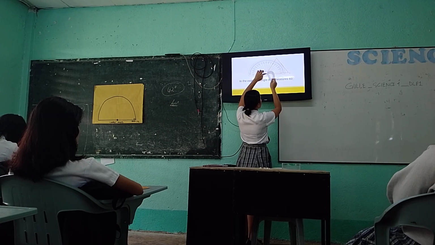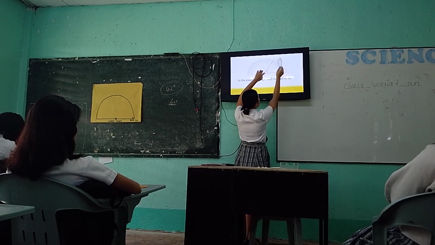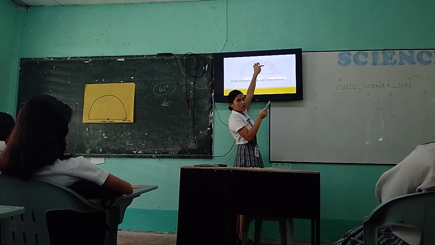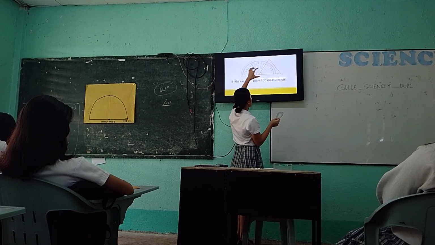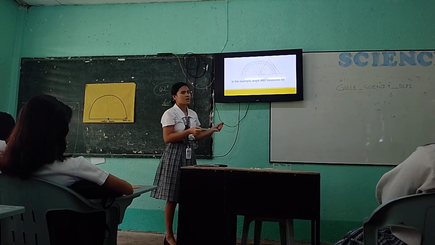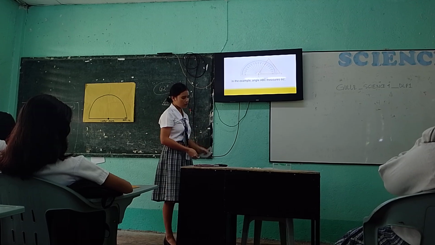Then you will connect from the center mark to the baseline, and that is the measurement of 60 degree. And this example shows that the angle ABC measures 60 degree.